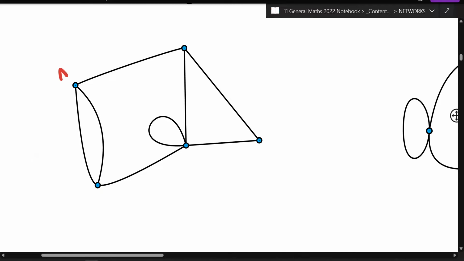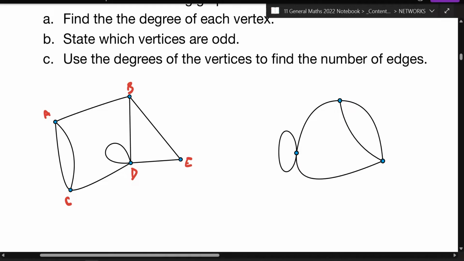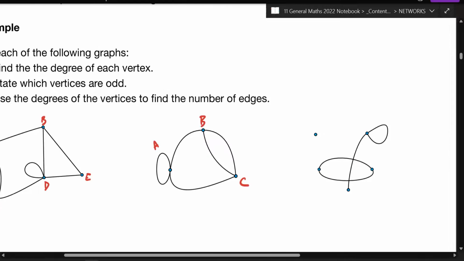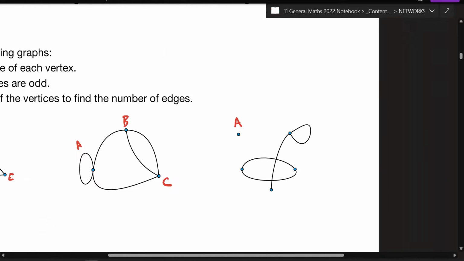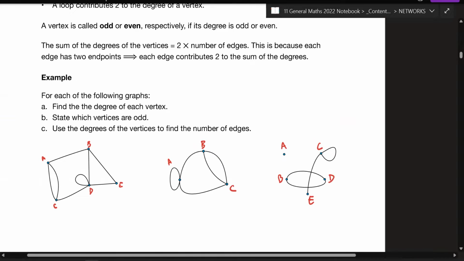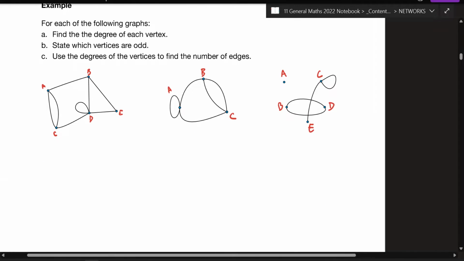So let's label this one A, B, C, D, and E. Same with this graph: A, B, C, D, E. Just label your graph. It's a lot easier to work with, especially when you get a question like this and it's not already labeled. Most graphs should have the vertices labeled.